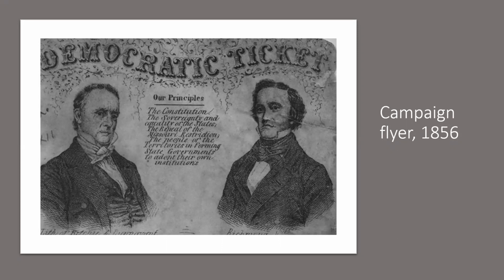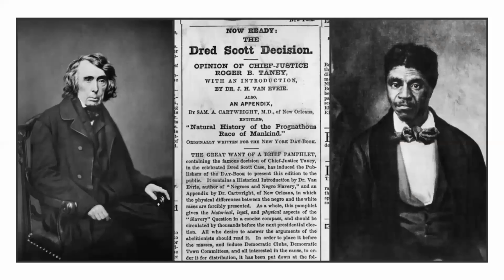Scott won his freedom in a circuit court, but in Dred Scott versus Sanford, the Supreme Court in 1857 ruled that Scott, in essence, was not a citizen because he was Black.